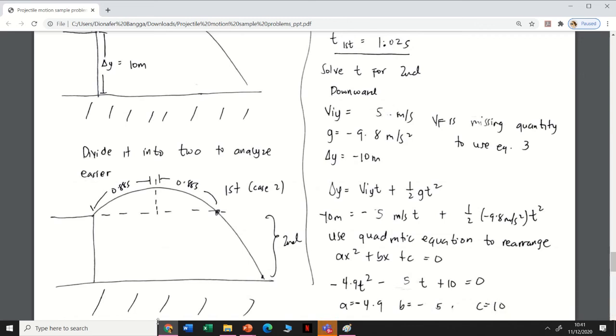So that's the first given, your VIY, negative 5 meters per second. Again, we were able to get that by using the idea of velocity symmetry and also the idea that the angle of projection is also equal to the angle at the same level at the end. So that's why it was possible for us to solve for the VIY through VI sine theta. Wait, was I able to use sine theta?